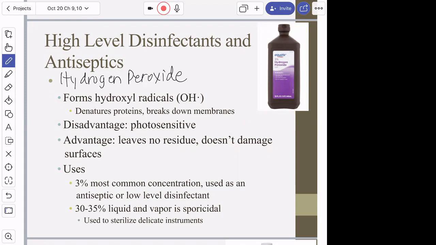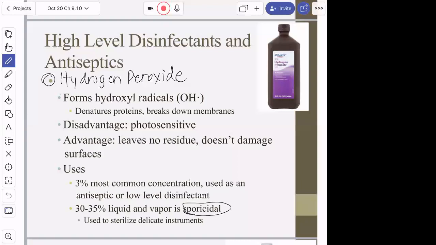I've read that hydrogen peroxide is really the closest thing we have to being a perfect disinfectant. At high concentration, it's considered sporicidal. So it's even killing spores that are pretty difficult to kill. At lower concentration, it's safe enough to be used on our skin as an antiseptic.